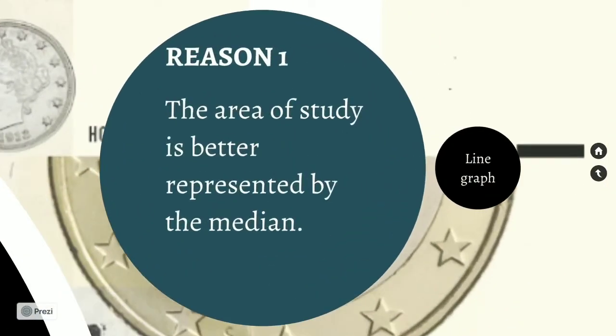The first reason in choosing a non-parametric test is that the area of study is better represented by the median. This is my favorite reason to use a non-parametric test and the one that isn't mentioned often enough. The fact that you can perform a parametric test with non-normal data doesn't imply that the mean is the statistic that you want to test. For example, the center of a skewed distribution, like income, can be better measured by the median, where 50% are above the median and 50% are below.